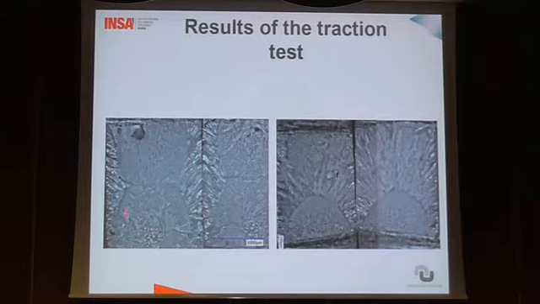At the left, we can see a slow regime of fracture, and at the right a fast regime of fracture. For our purpose, we can say on the left we have a good quality surface of the fracture, and on the right we have a bad quality surface.